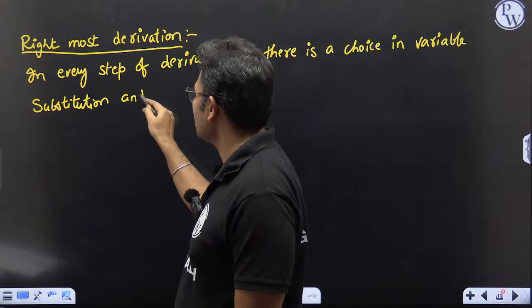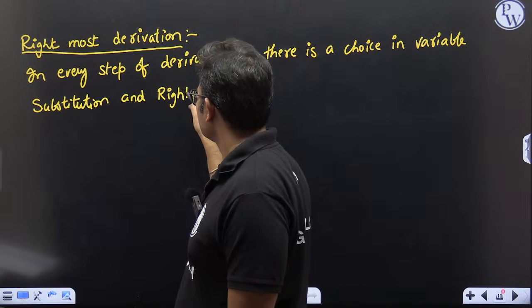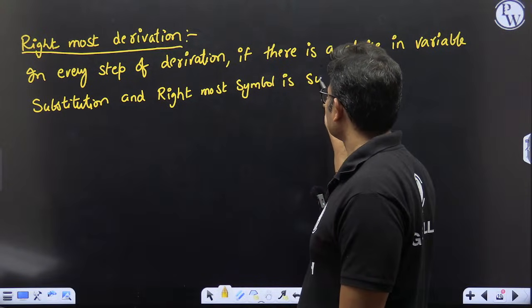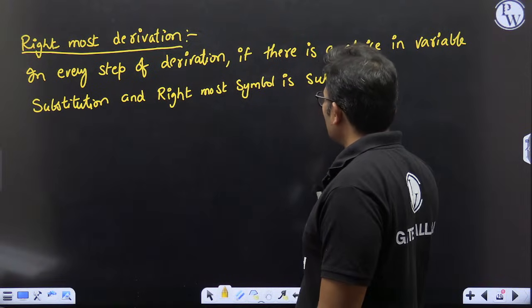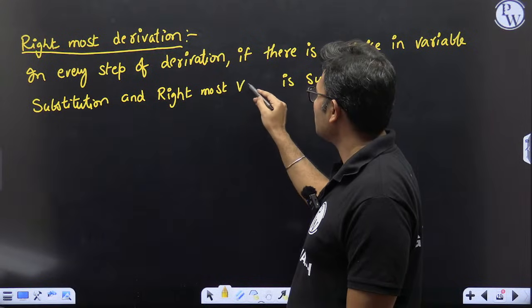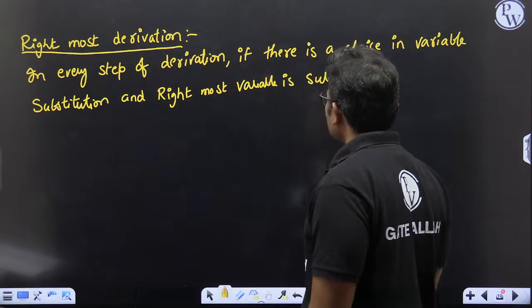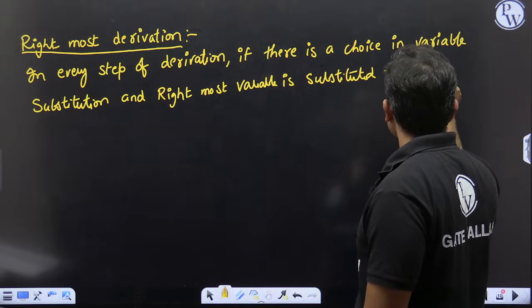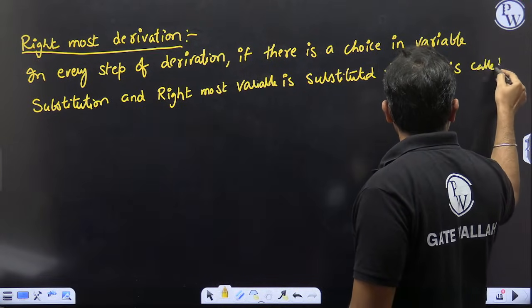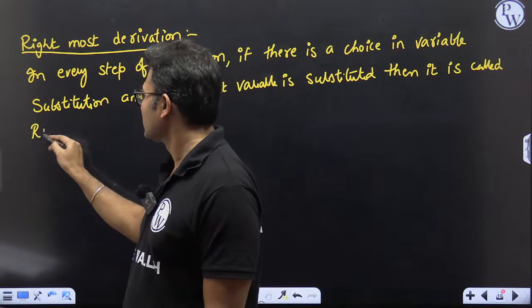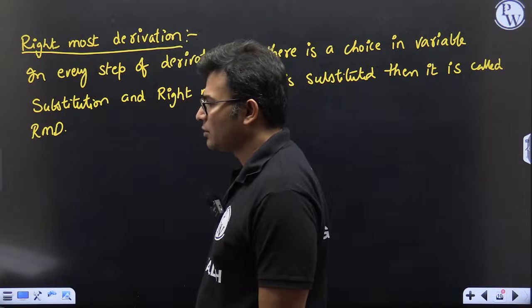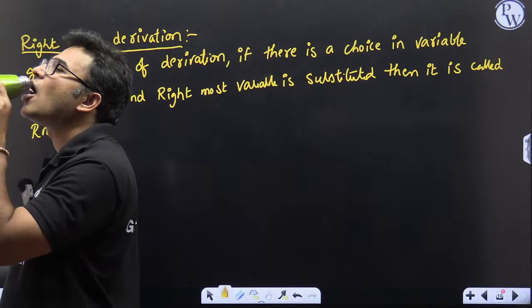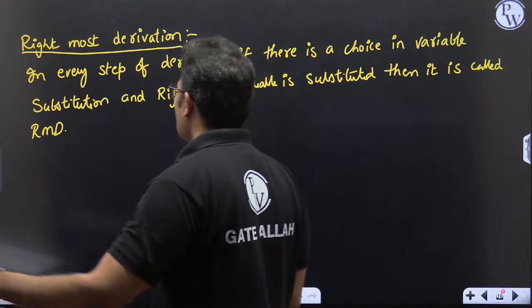and the rightmost variable is substituted, then it is called rightmost derivation.